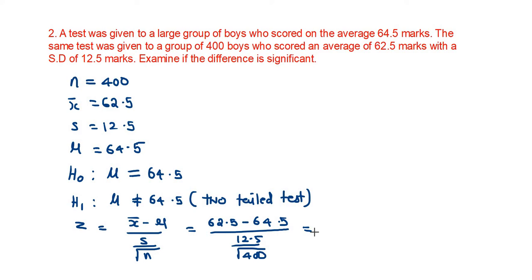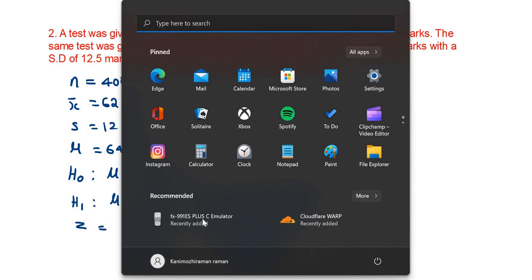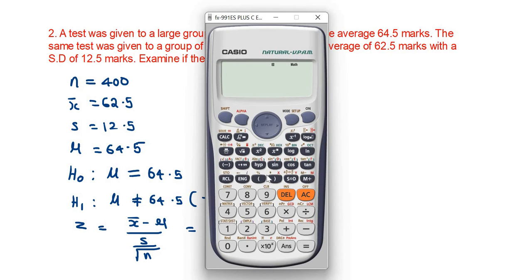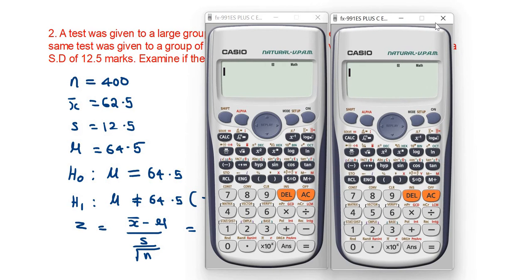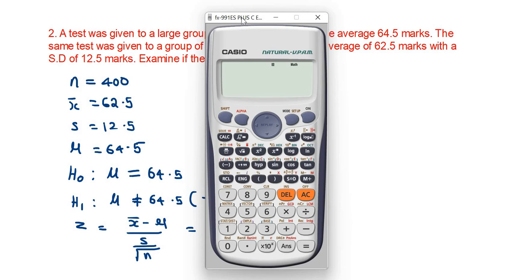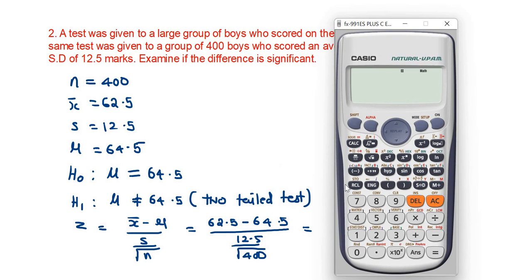Now we'll find the value. First put the numerator bracket 62.5 minus 64.5, close the bracket, divided by, open the bracket for the denominator.